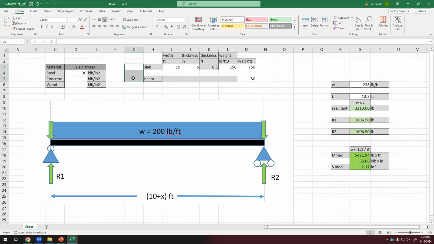And that makes... merge and center. This is the dead load.